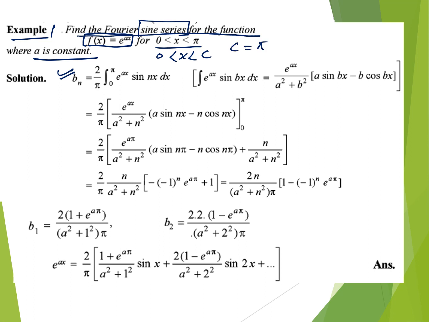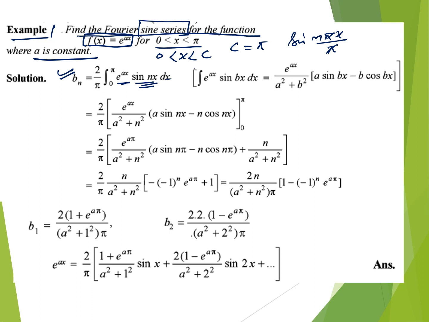So 2 upon pi, integration 0 to pi of e to the power ax as the function, times sin(n pi x upon c). According to the formula, with the value of c as pi, it is just sin(n x) dx.